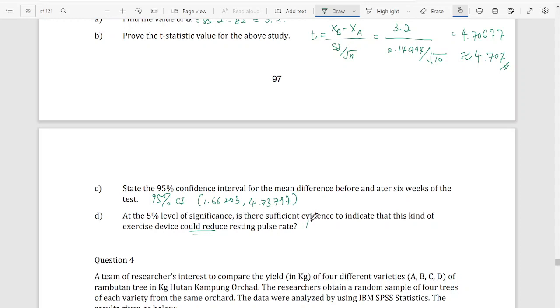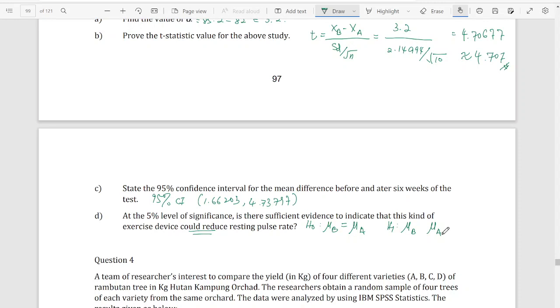The first hypothesis, the H0, will be mu before is equal to mu after. But the alternative hypothesis will be H1, mu before compared with mu after. They say reduce, so if it reduces, the before is greater than the after.